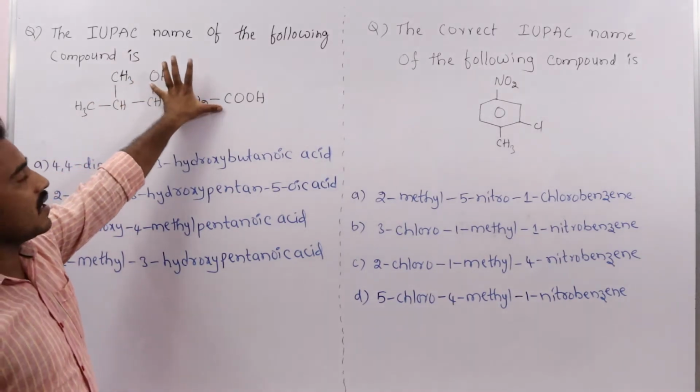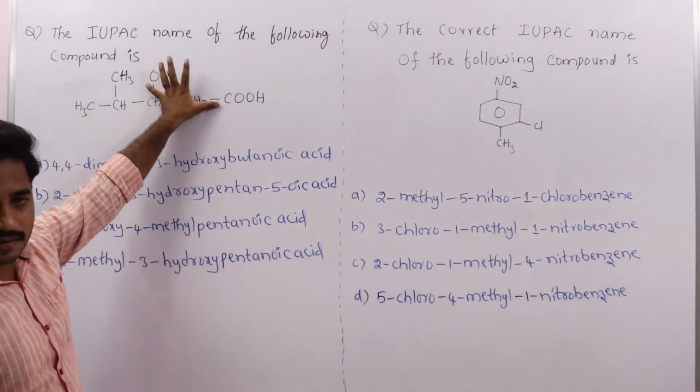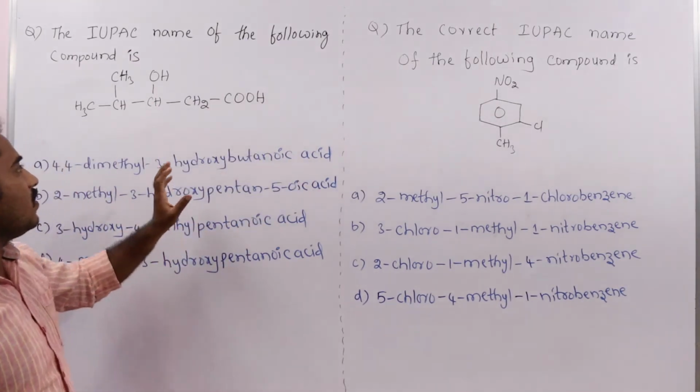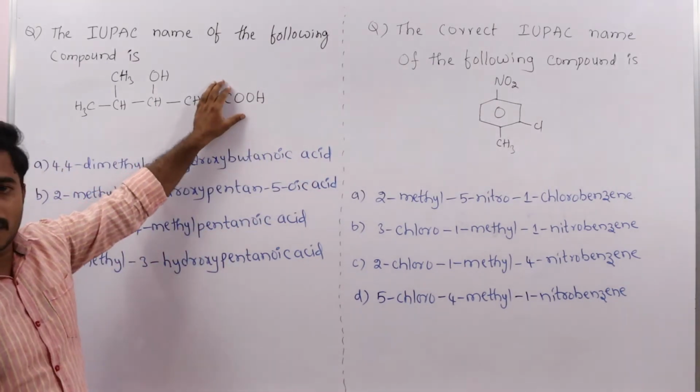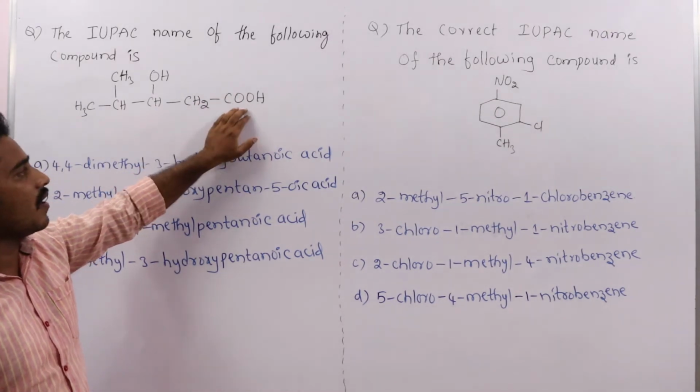When two main functional groups are present, according to the priority order we have to select one as the parent functional group. Here, between COOH and OH, COOH has more priority, so we select COOH as the parent functional group.